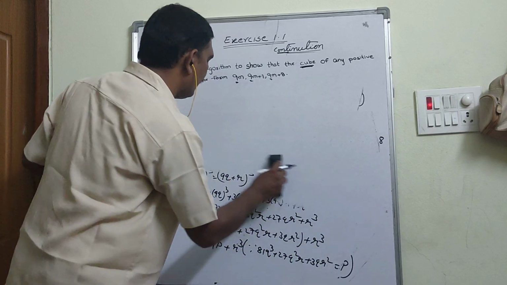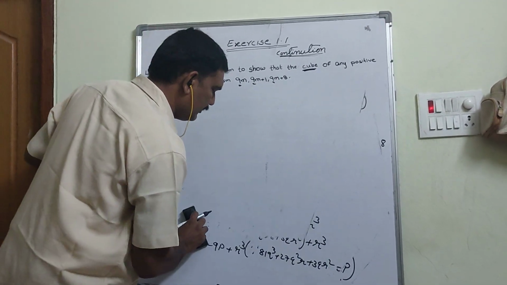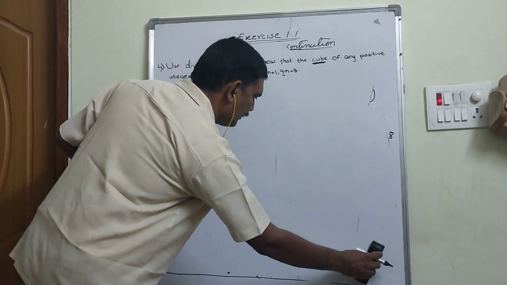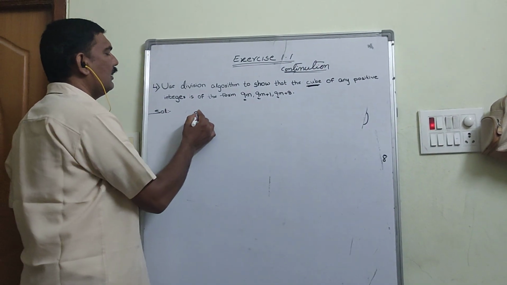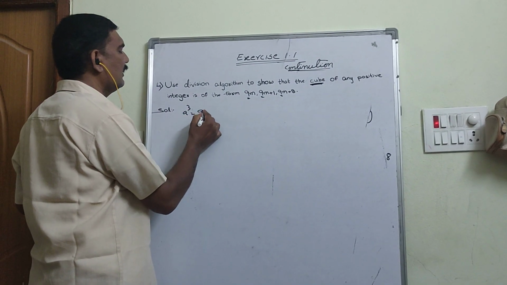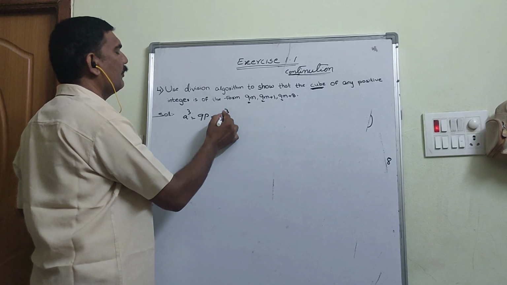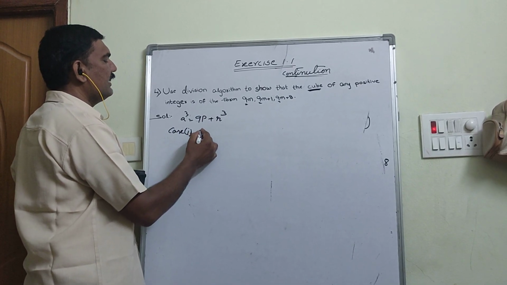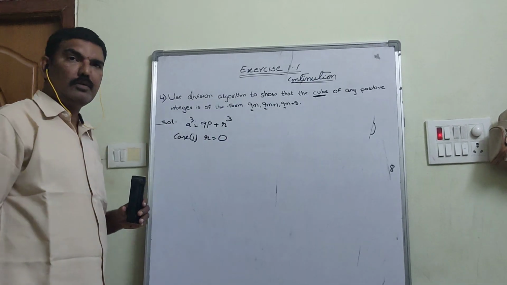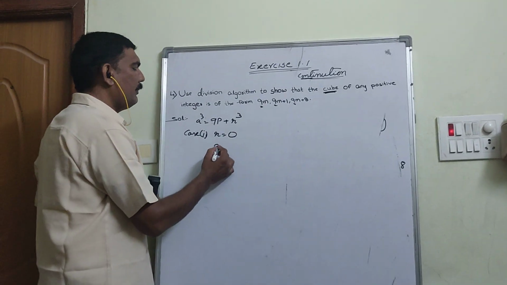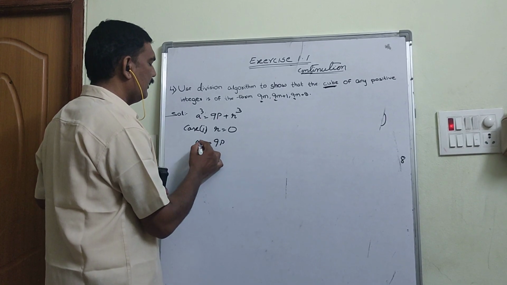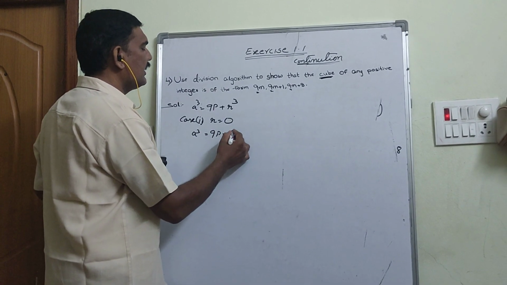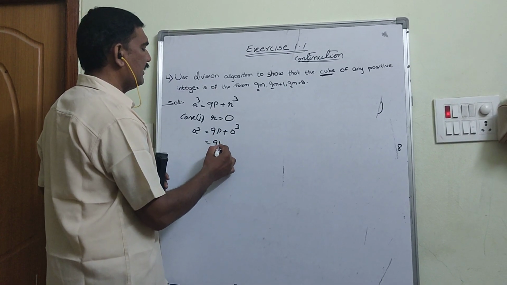So in the first case, what will happen? You got a cube as 9p plus r cube. Case 1: you have to take r is equal to 0. Then it becomes 9p plus 0 cube, means 9p you got.